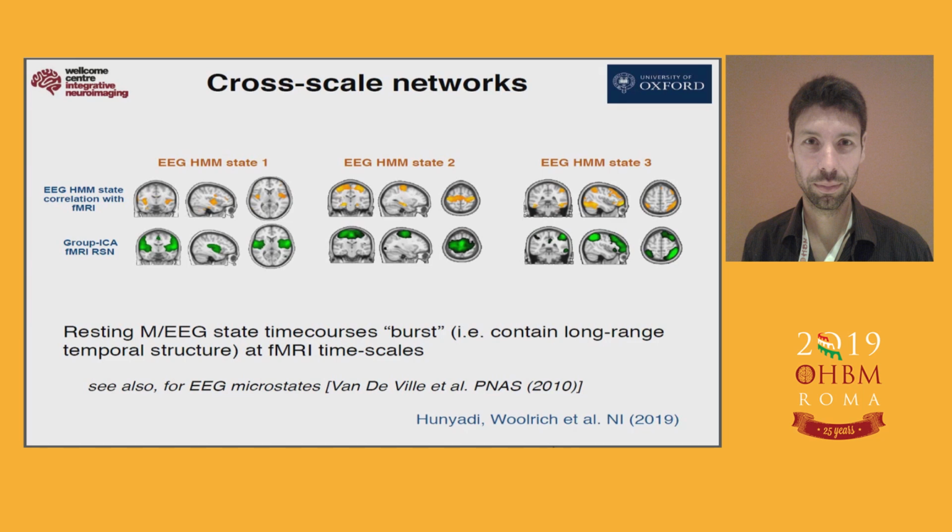And perhaps if we were to look at these two separated MEG DMN networks at a slower time scale, they would be seen as we see them in fMRI. This is in line, for example, with work from Dimitri and Deville with EEG microstates, where they also looked at different time scales and how these time scales relate to each other.